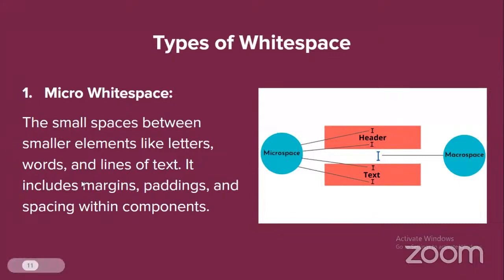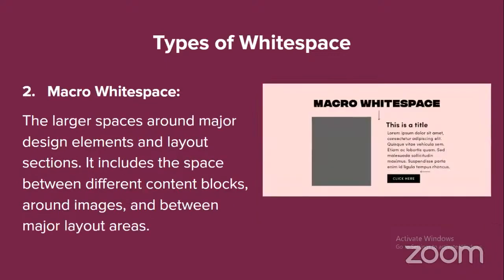Maybe you've heard about micro white space and macro white space, and wondered what the difference is. Micro white space is just a little space in between your text, and not too much spacing. So now the macro white space is the larger one.